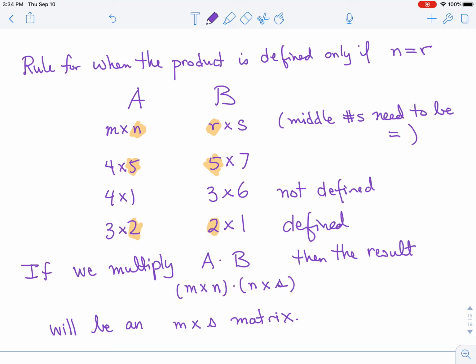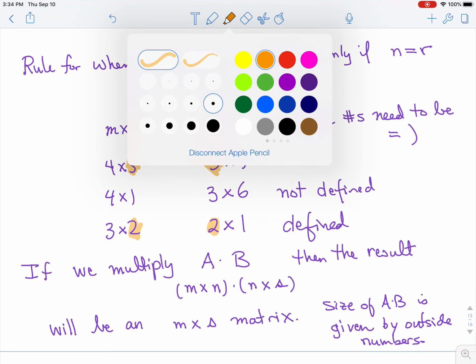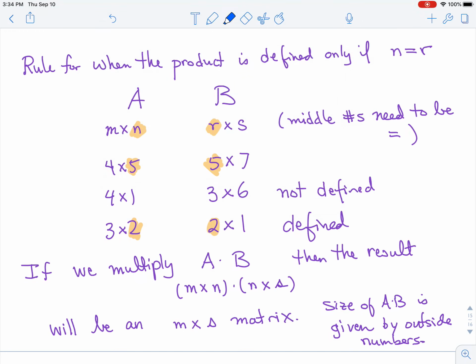And so the size of the product AB is given by the outside numbers. Okay? So what do I mean by that? Well, how do we decide whether the matrix product was defined? We said that the inside numbers had to be equal.